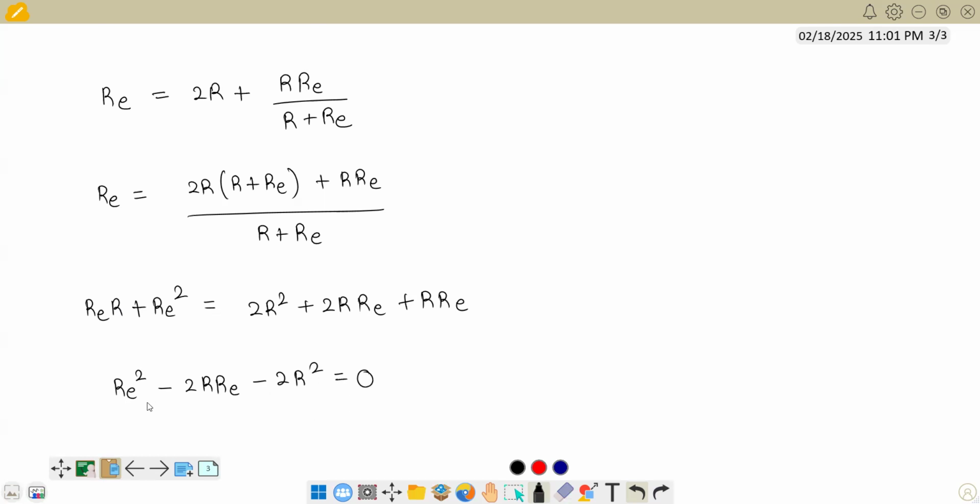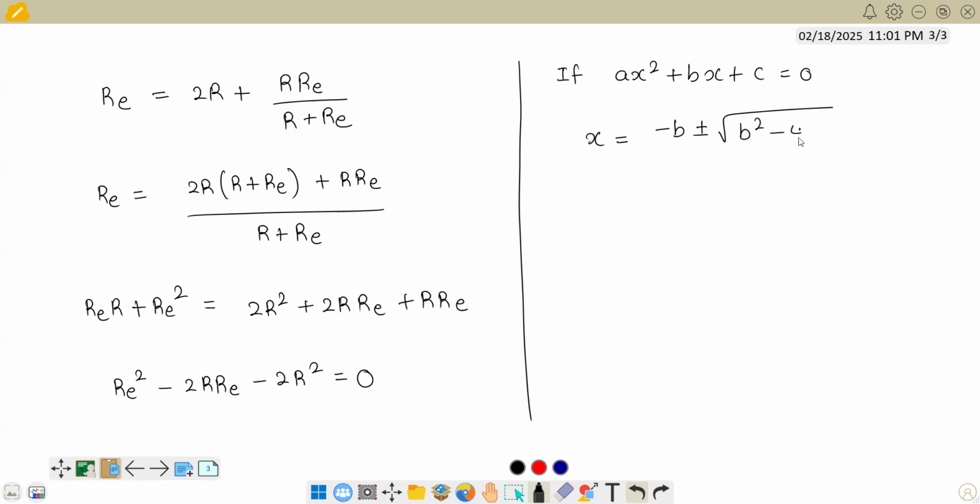So here the variable is RE, and R is known. We know if ax square plus bx plus c equals 0, the answer for x is minus b plus or minus root of b square minus 4ac by 2a. In our expression, whatever is in front of x square, a, is 1.